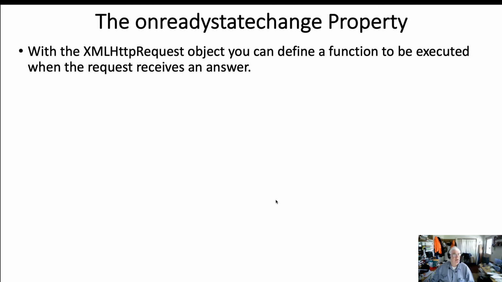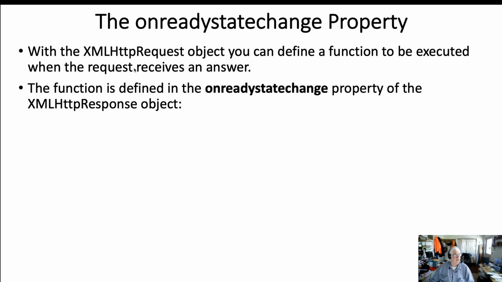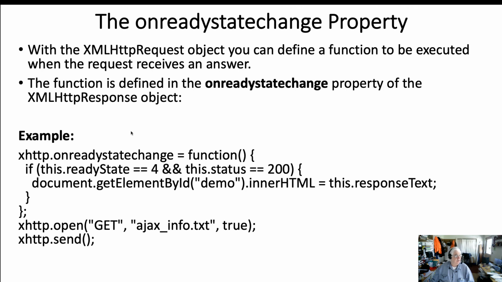The onreadystatechange property. We're going to talk about the ready state, but we can have something happen when on ready state change. And you can define a function to be executed when the request receives a ready state change. The function is defined in the onreadystatechange property of the XML response object. So here's an example.